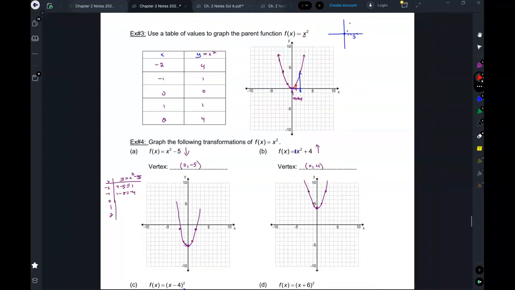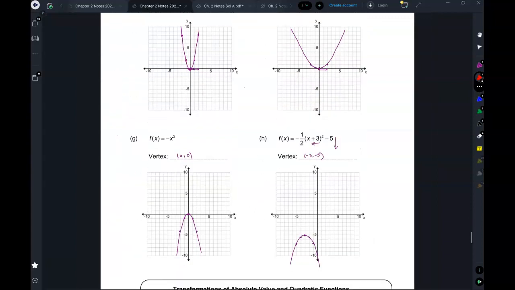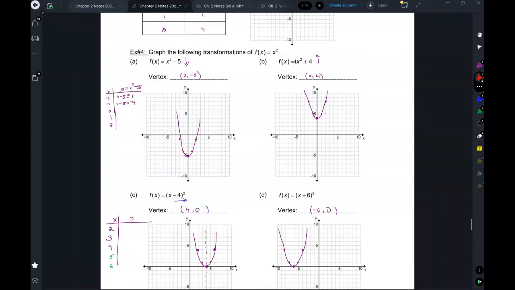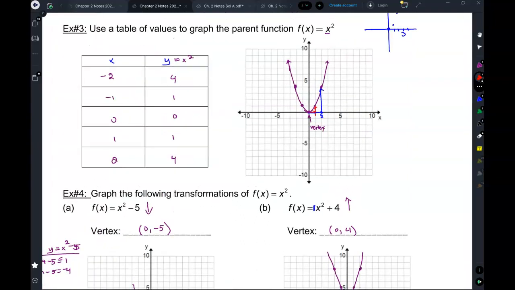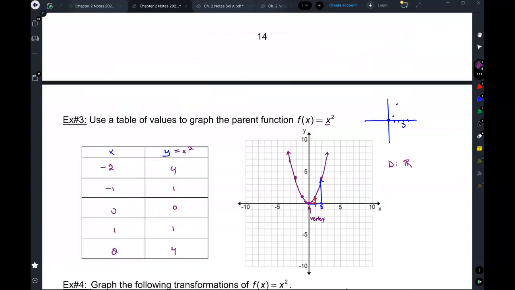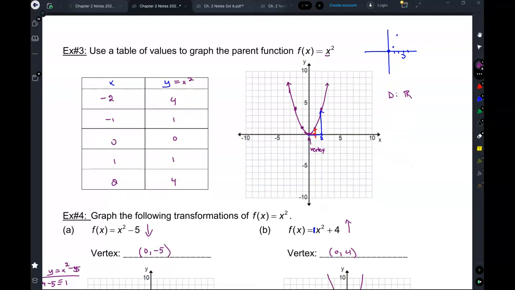We graphed parabolas on page 15 and page 16. This first parabola on page 15, what's the domain? All real numbers. Now, without yelling anything out, look through all of the parabolas on page 15 and page 16 and find a parabola where the domain is not all real numbers.